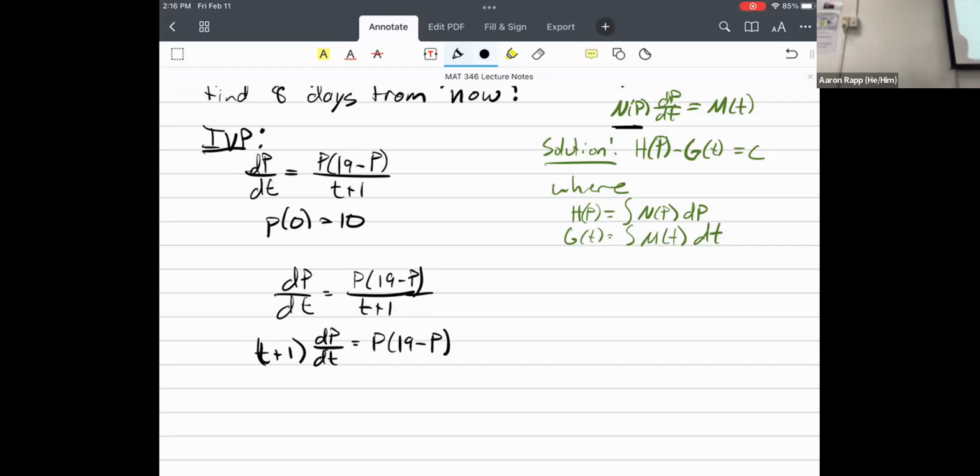I can multiply both sides by P, but that's not going to do anything to this term right here. Yeah, just divide both sides by P times 19 minus P. I'm not necessarily going to get nice, easy functions, but I get to set it up in the way I want.